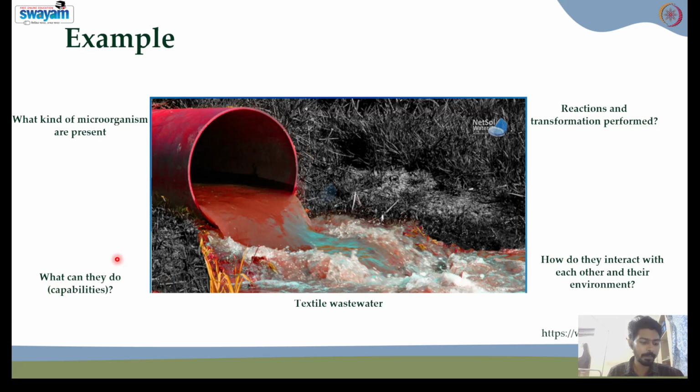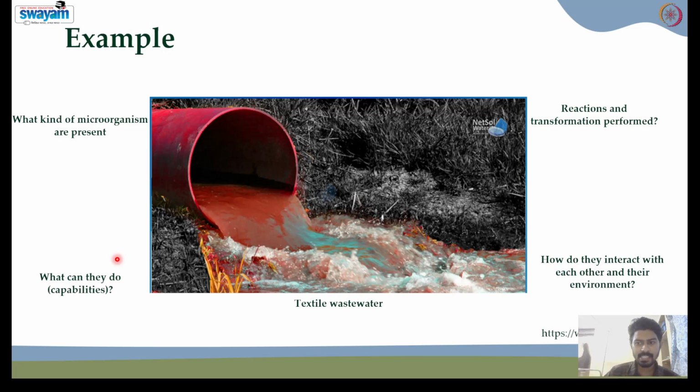What are their capabilities? In order to answer this question, these microorganisms can synthesize specialized enzymes which may help in breaking down complex dyes, salts, and chlorinated aromatics into simpler products.